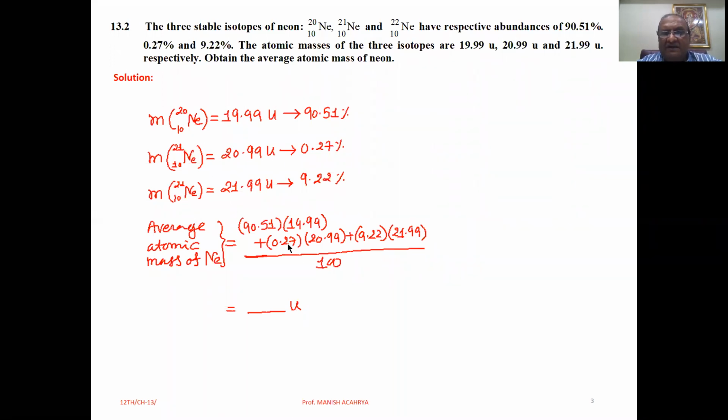So 0.27 into mass of 10Ne21, that is 20.99. Then 9.22%, that is 10Ne22. So 9.22 into mass of 10Ne22, 21.99 divided by 100. Solve this one, you will get average atomic mass of neon. Clear to all of you?